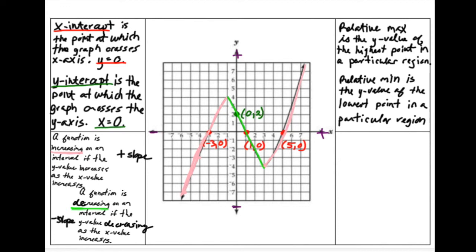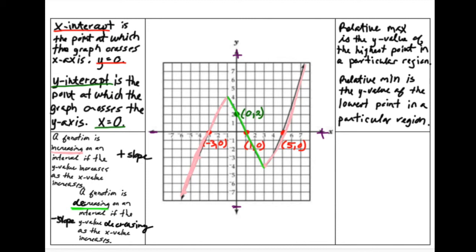in a particular region. And that's because linear functions and also some nonlinear functions will go on for infinity. So we do specifically say we're looking at a particular region of the graph because that may not be the only maximum that you're going to see on the entire graph. If you zoomed out on your calculator for a really long time, you might find yourself another maximum, right, or another minimum.